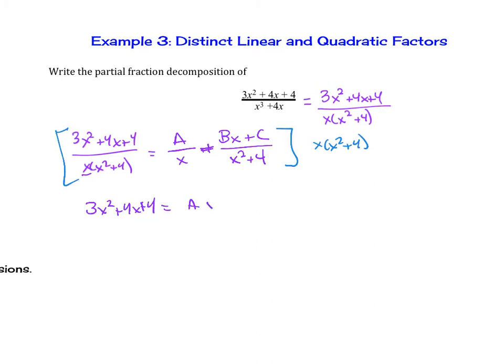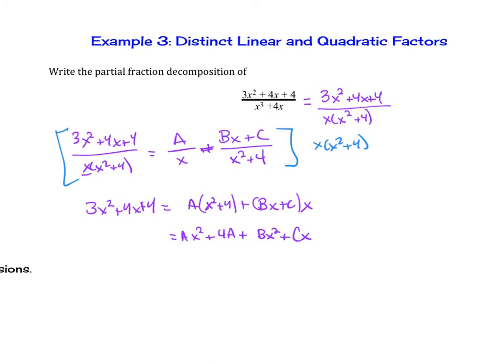So this is A times x squared plus 4, plus Bx plus C times x. Now we expand the basic equation and collect like terms, so we want to write it in polynomial form. Let's work with this right side. This is just going to be Ax squared plus 4A plus Bx squared plus Cx.